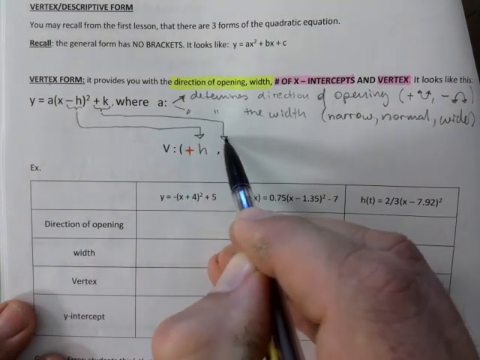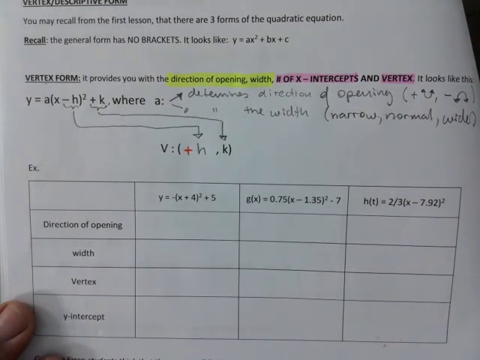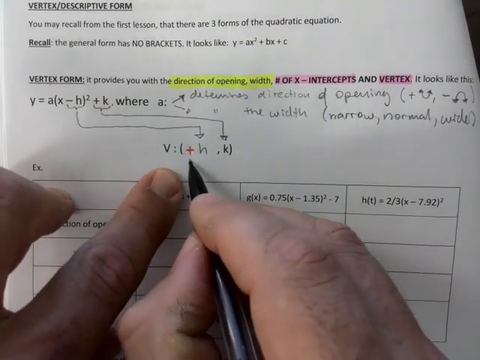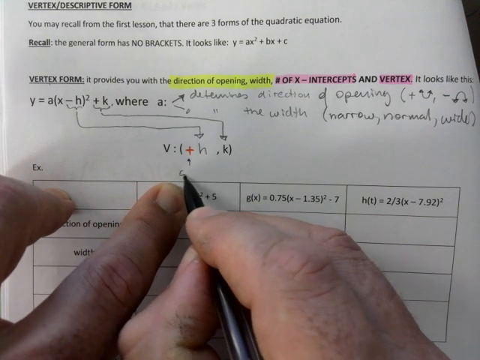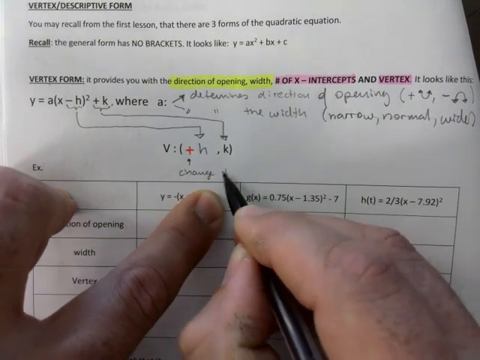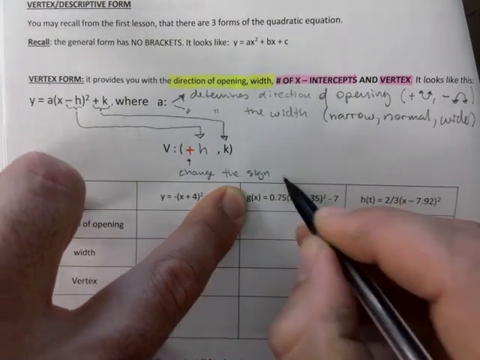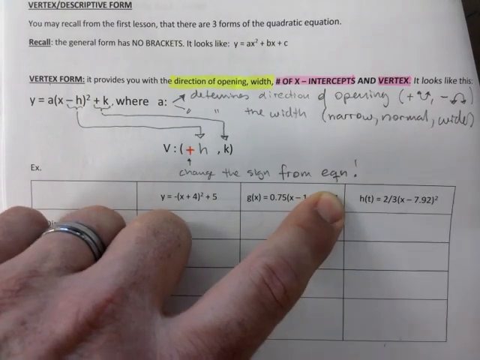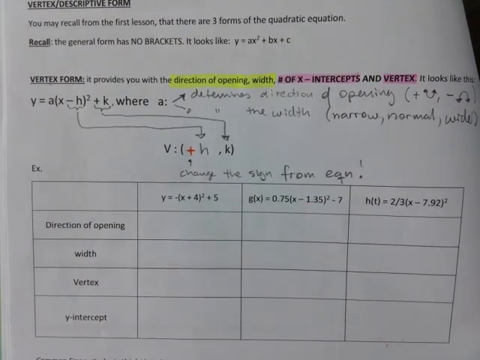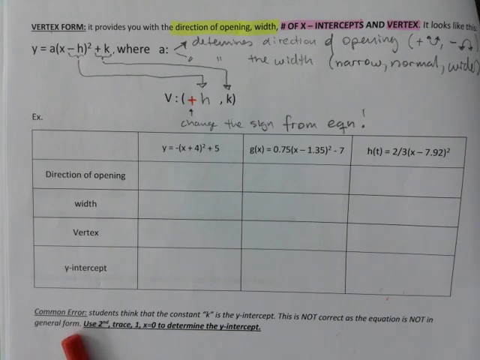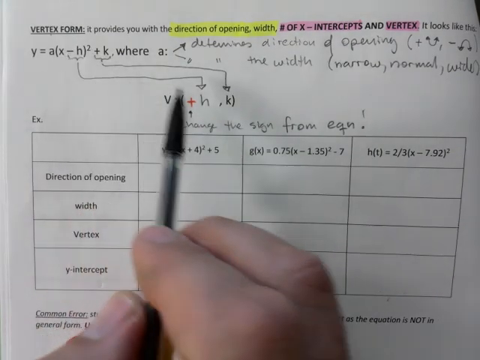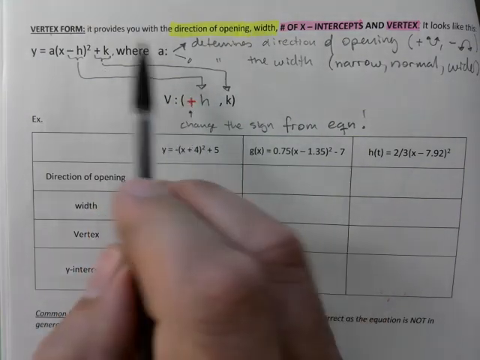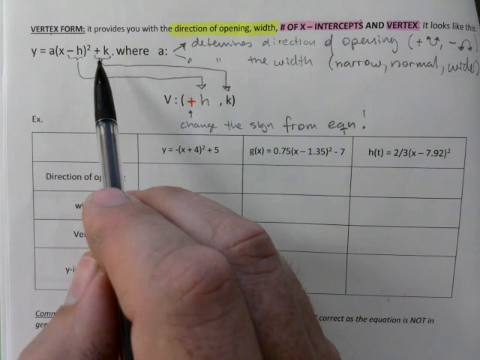So now you actually have the coordinate of the vertex, right? So I will just put an arrow up there: change the sign from equation. That's how I shorten equation, right? So change the sign of whatever is in the equation when you actually state the vertex, and vice versa. If you put it back in there, you change it back, right? K does not change sign.